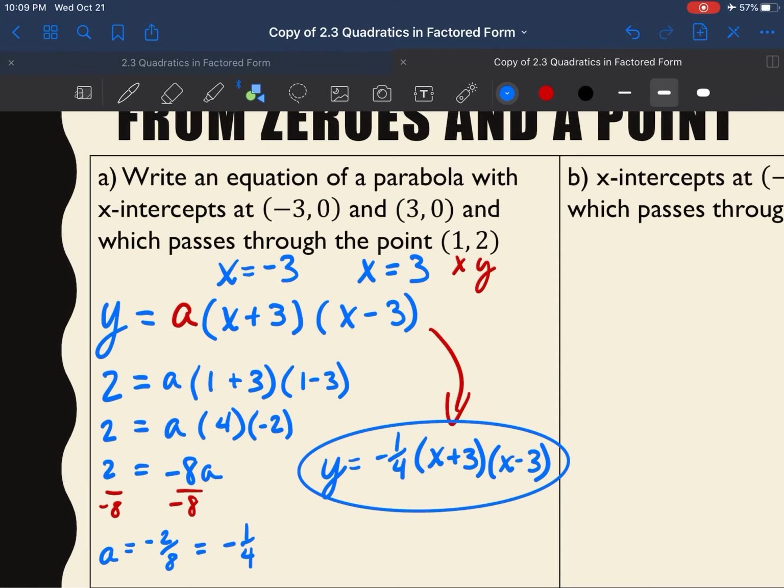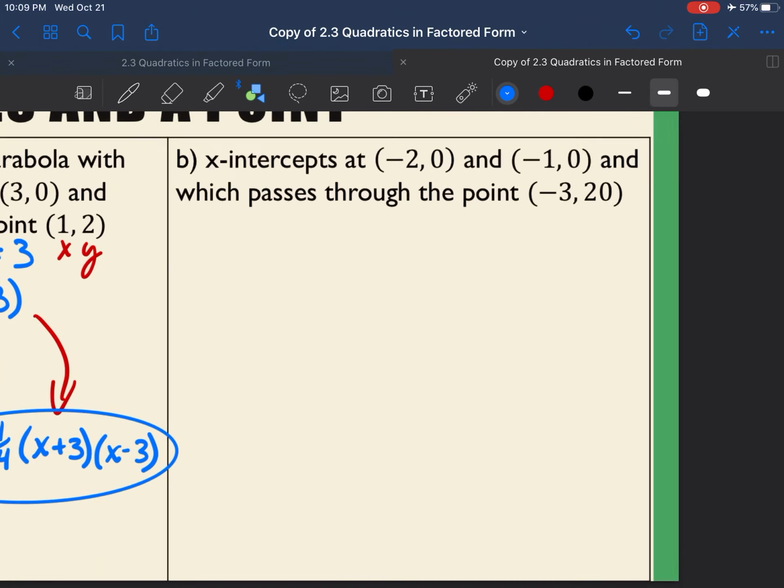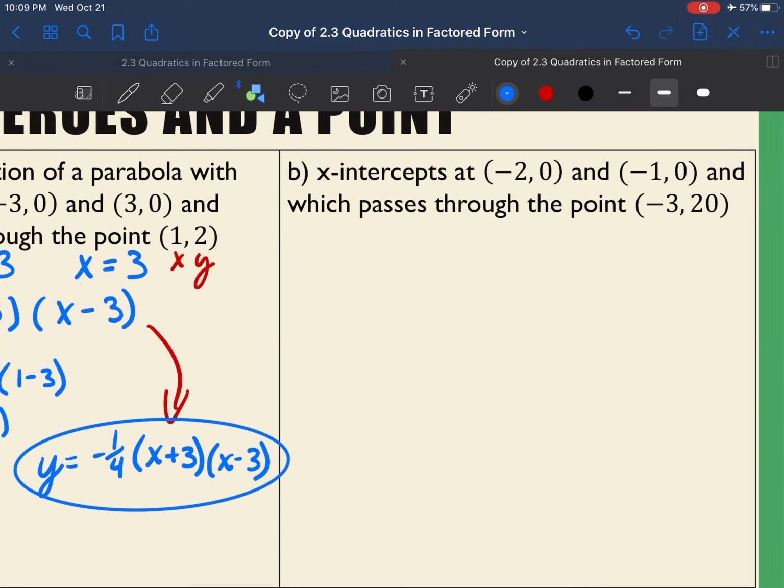Okay. So now let's do the same thing on another example. So x-intercepts at -2 and -1. So that tells me x equals -2, x equals -1. I will change these to parentheses, right? So x plus 2 and x plus 1.